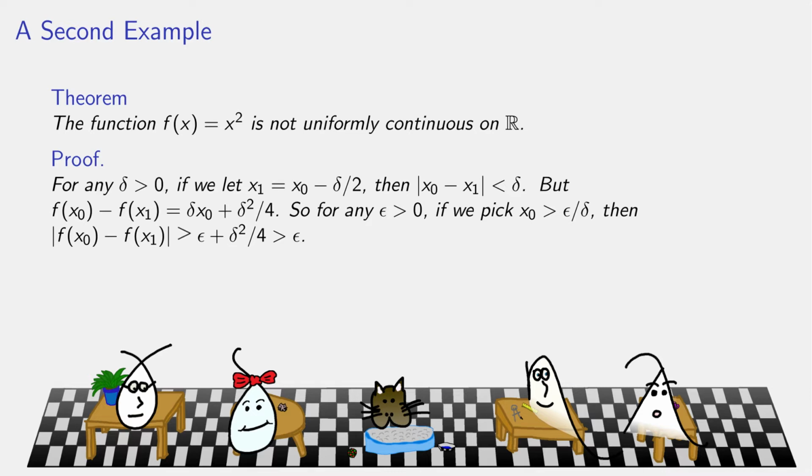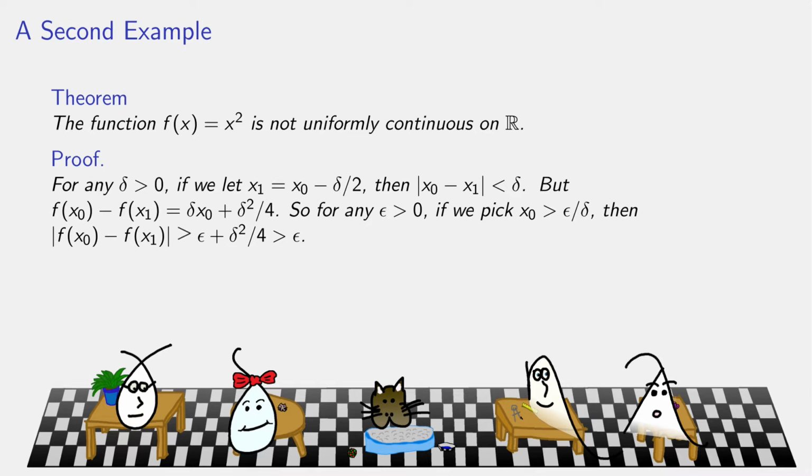So regardless of epsilon, if I pick x0 to be at least as large as epsilon over delta, then the distance between f of x0 and f of x1 is delta x0 plus delta squared over 4. Since x0 was at least as large as epsilon over delta, delta x0 is bigger than epsilon.